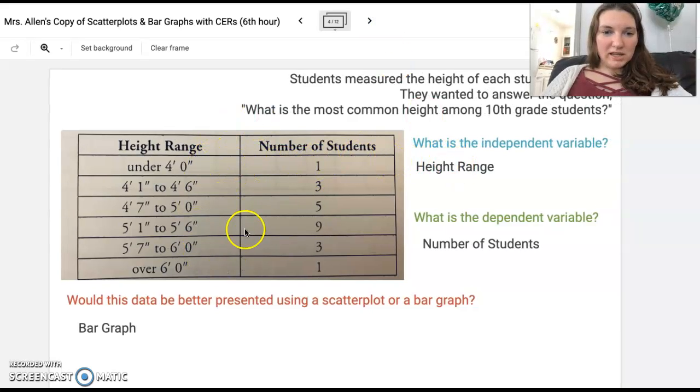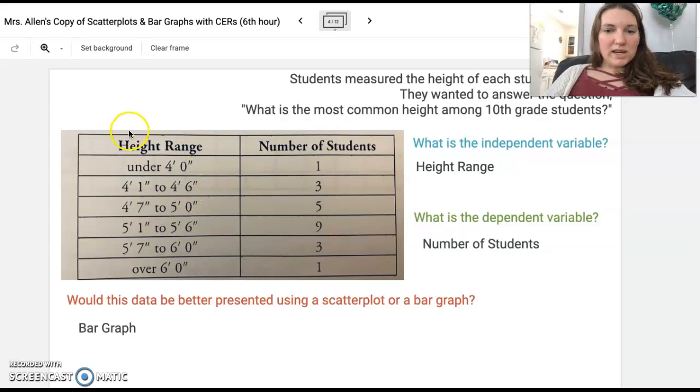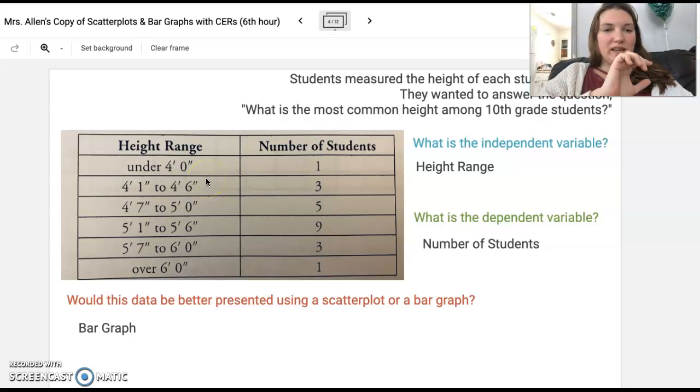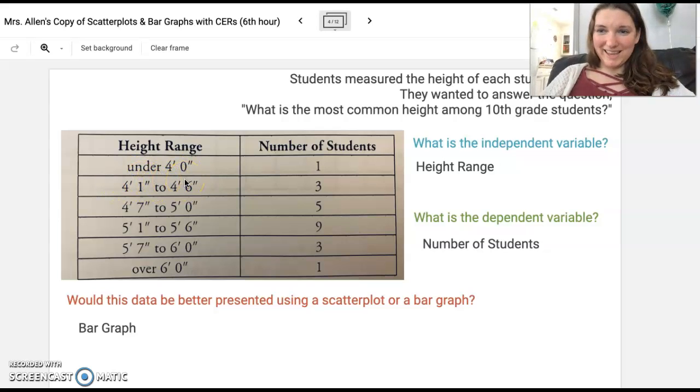Okay, so height range. In this one, the independent variable is height range because this is the thing that scientists are deciding, like this is how we're going to break up the chunks of heights. We're not looking at just a spectrum or anything. We're looking at under 4 feet, and every 6 inches is a chunk of height that you could be. And then the dependent variable is how many students are that height.